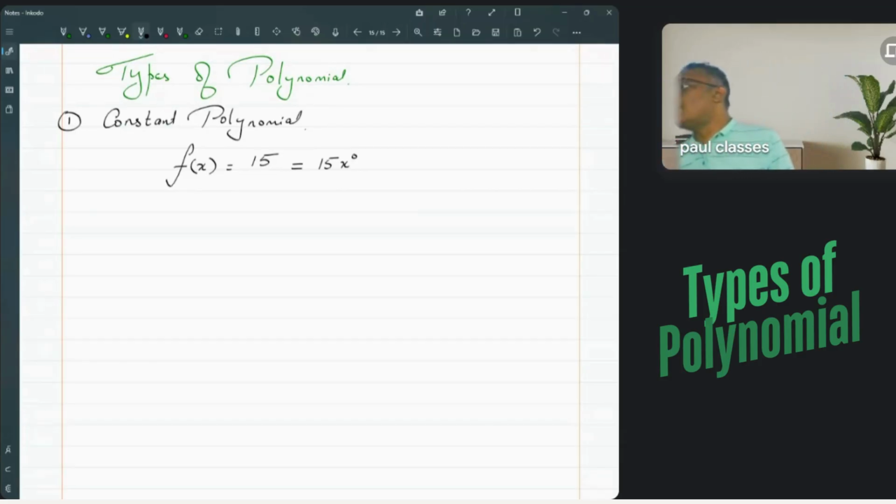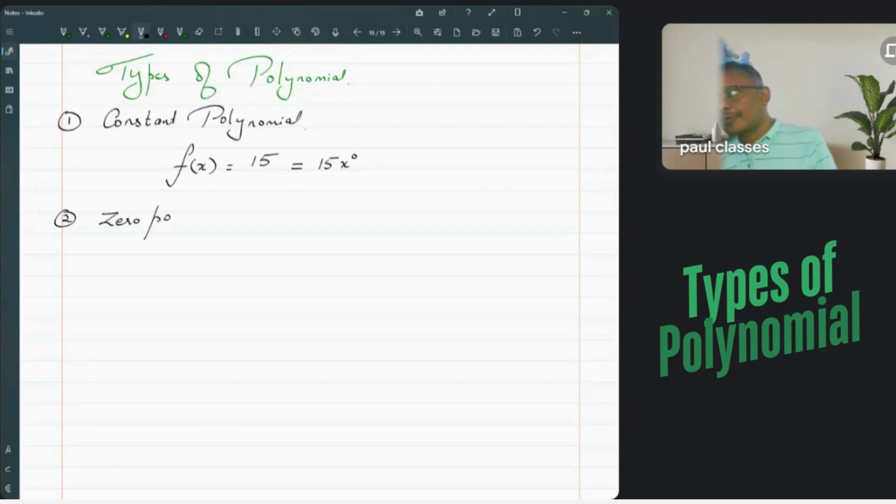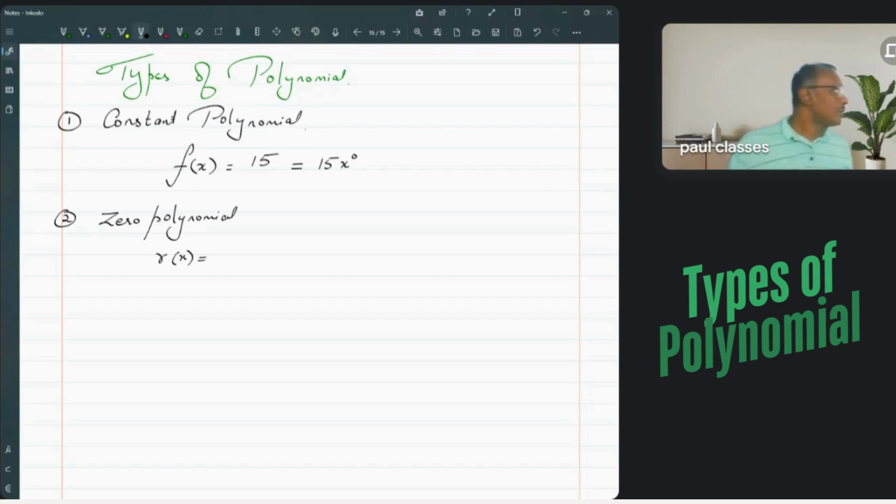There is a polynomial which is called a zero polynomial. Anyone knows what is a zero polynomial? What is a zero polynomial? Very simple. Zero.